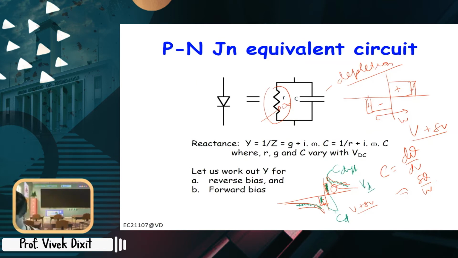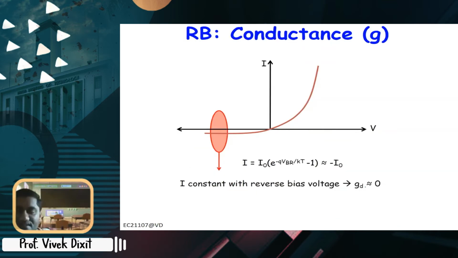So let's go into detail now. In reverse bias, what is the conductance? This current is constant, so di by dv is 0. That means 1 by r is 0, so r is infinite.